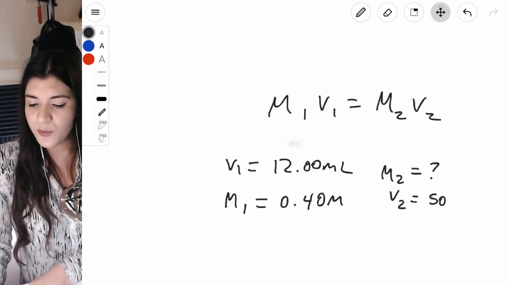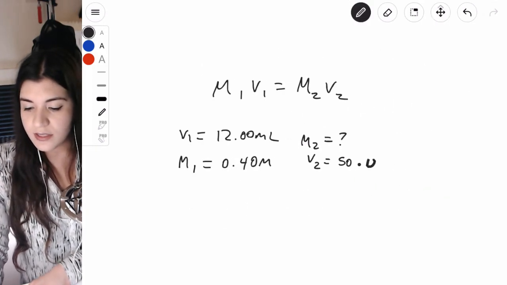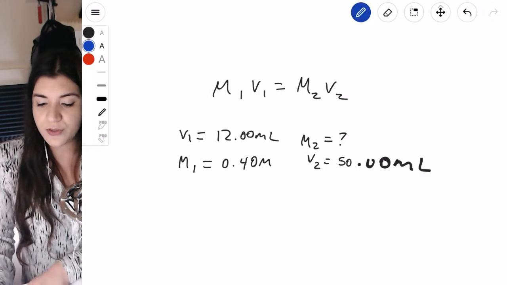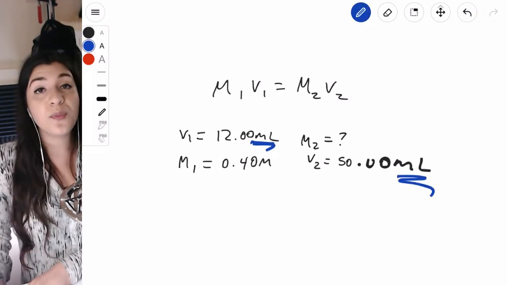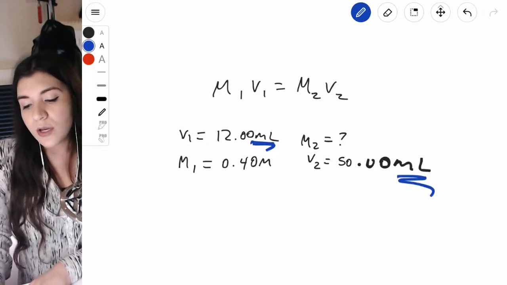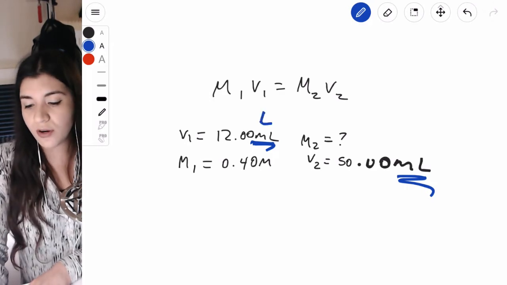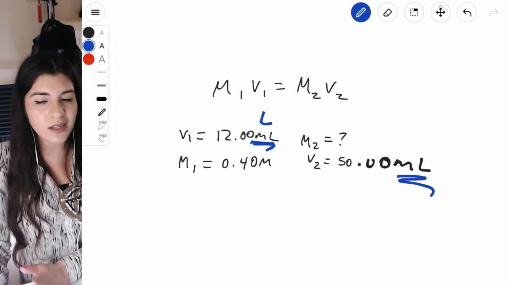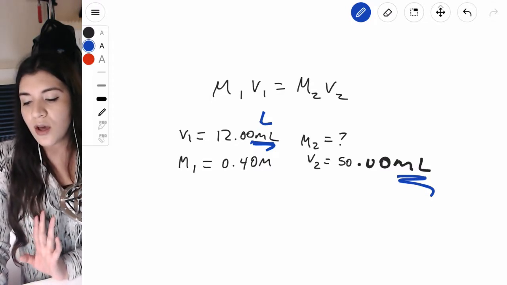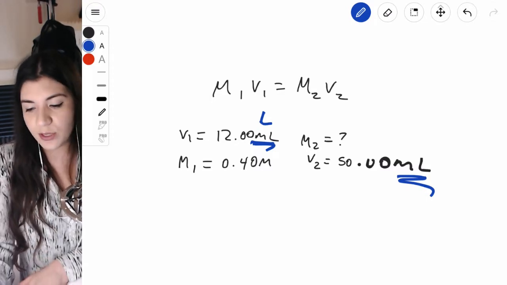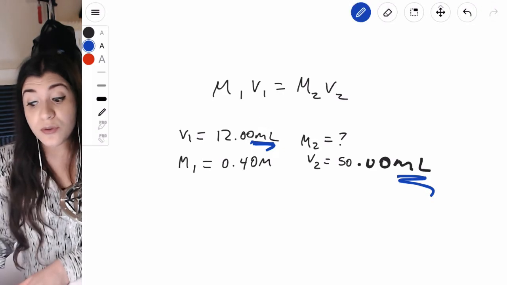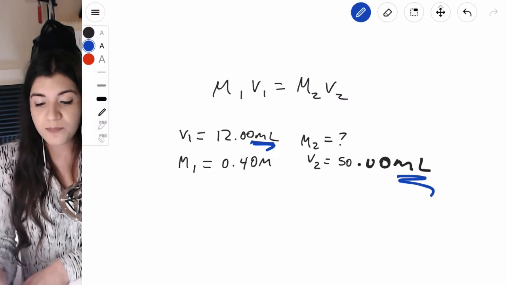Okay, so all I have to do is plug in. Since everything is consistent, meaning I don't have to convert anything here, they're both milliliters, that's totally fine. However, if one of them were liters and the other one was milliliters, I would have to convert. It doesn't matter which one; it basically just means we have to have them be the same thing. That's really it. Since they're both milliliters, I can just plug in.